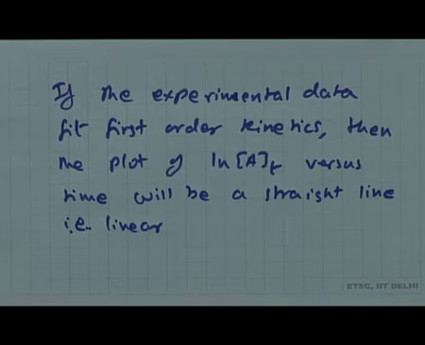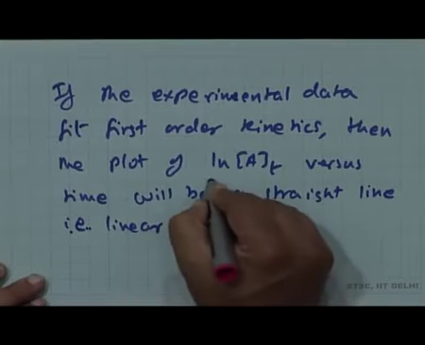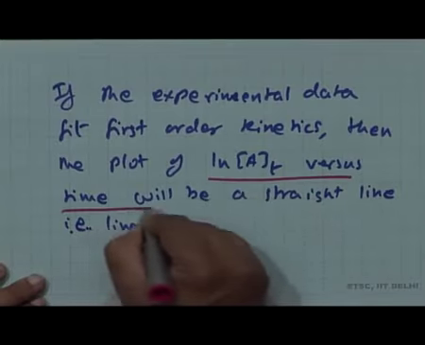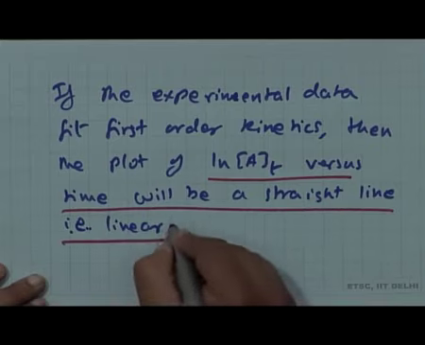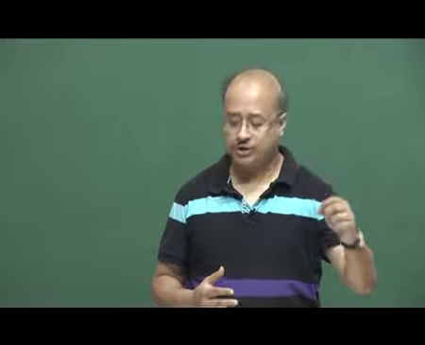Slope is equal to minus k, and the slope itself being negative, the negative signs cancel out and you get the value of the rate constant. Please remember that this is important: the plot of log base e of A against time has to be a linear plot with a negative slope for the reactant.